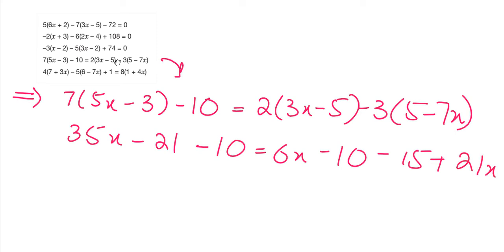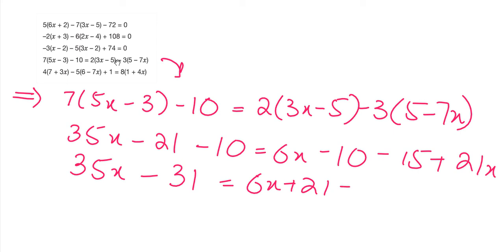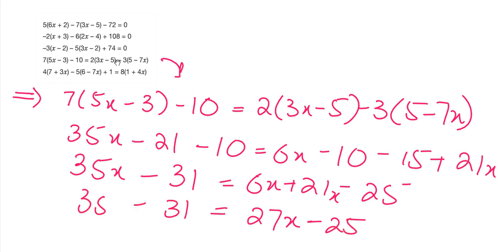Now we have to arrange all of the like terms, cancel them out. That would be 31, and 6x, we can arrange it, and it is already arranged. You can write it over here, and that would be 27x, negative 25, negative 35, 31.